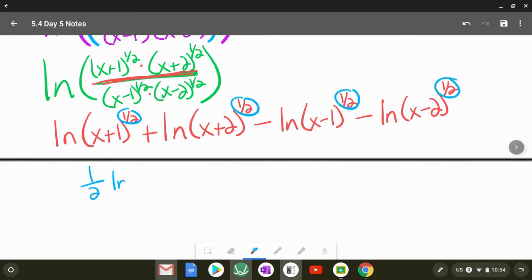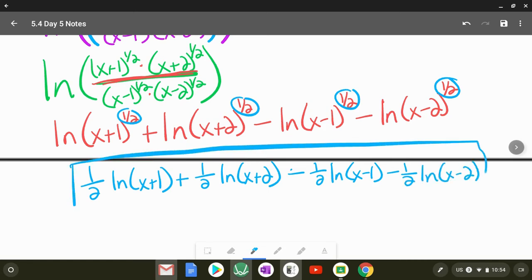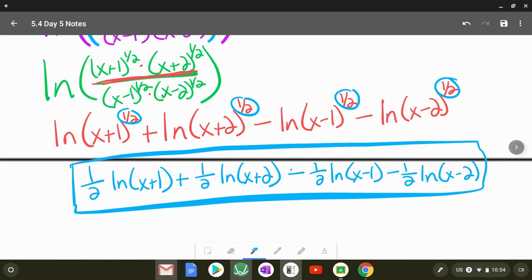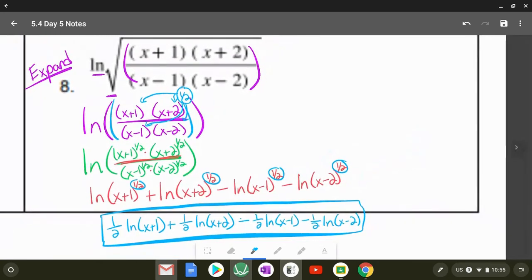So we have 1/2 natural log of x plus 1 plus 1/2 natural log of x plus 2 minus 1/2 natural log of x minus 1 minus 1/2 natural log of x minus 2. And this is our completely expanded natural log function. So again, if we worked backwards and condensed, just like we did on the previous problems, we would get that initial problem.